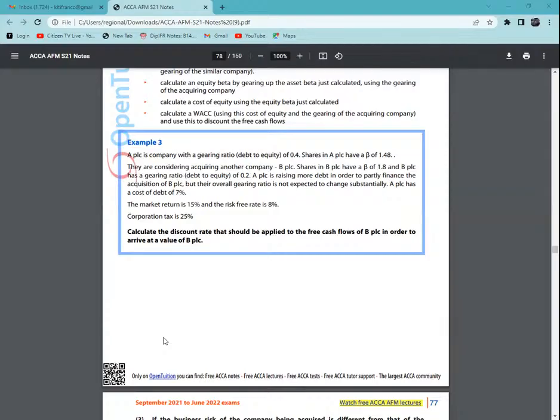The beta which will become relevant is the beta of the new business, called B Limited, which has a beta of 1.8. So the 1.48 beta of A becomes irrelevant. The one that we shall use is the one of what here, somebody? 1.8 of B company. So Mary, does that help? Is that helpful?